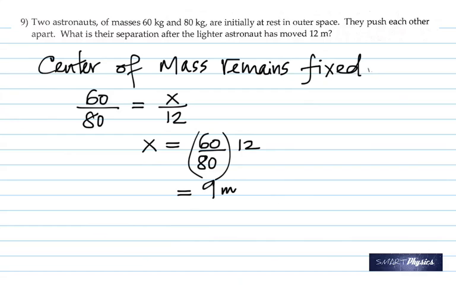I'm thinking too fast. And so one has moved 12, the other has moved 9. Therefore, the total separation between them is definitely 12 plus 9. That's what gives us 21 meters. So now they are 21 meters apart.